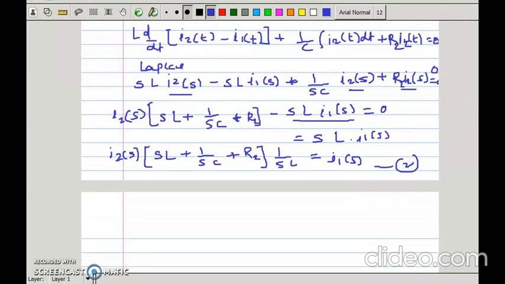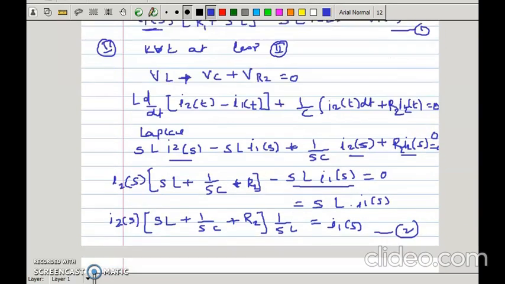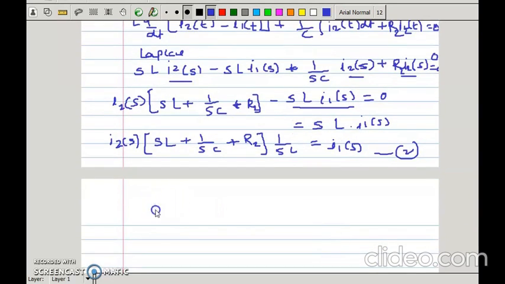Can we put this value of I1 of s from equation number 2 into equation number 1? Since I1 of s is already available in equation 1, we can put this value here as it is and we get the final equation. So let's put the value of I1 of s in equation 1.